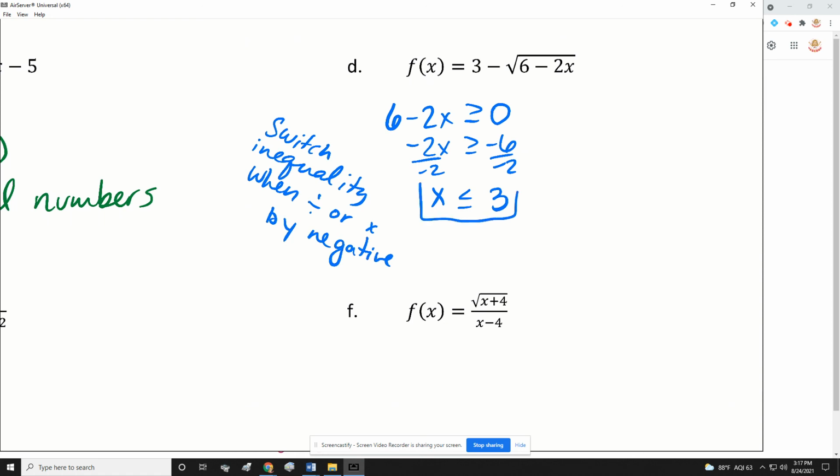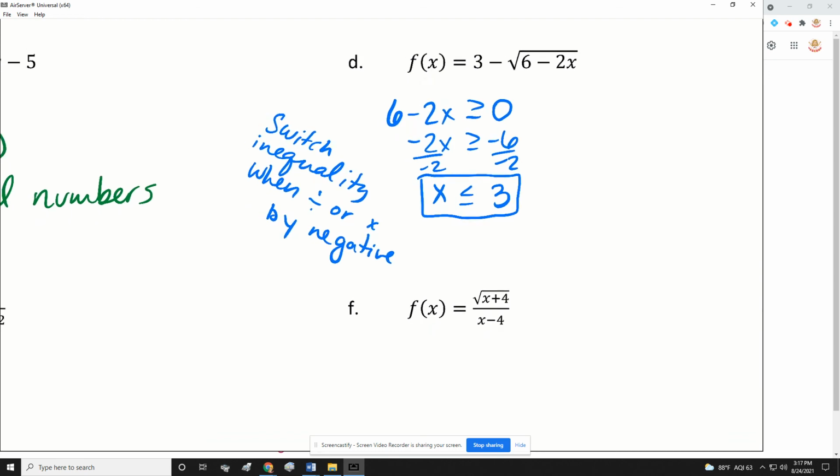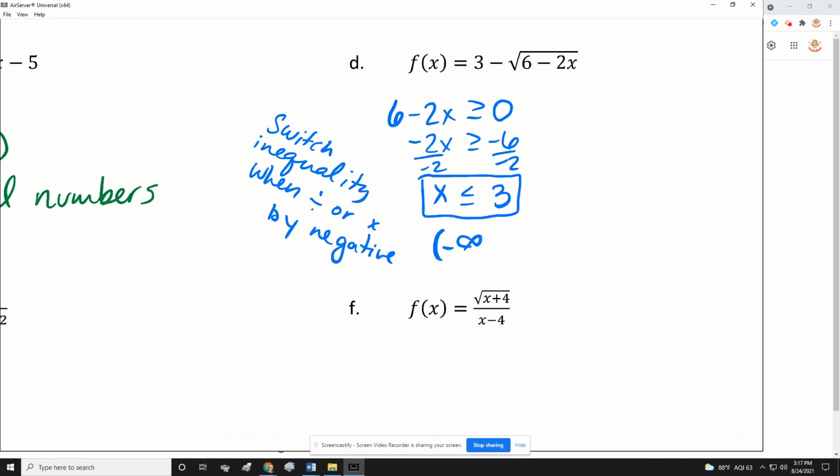All right, so one representation of the domain is that x has to be less than or equal to 3. As long as x is less than or equal to 3, you're never going to get a negative underneath that square root. In interval notation, that's going to be from negative infinity to 3, including 3.